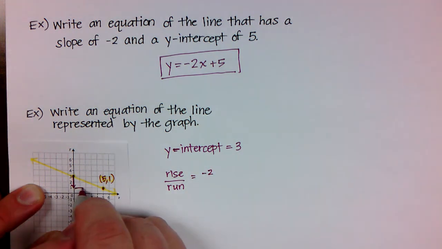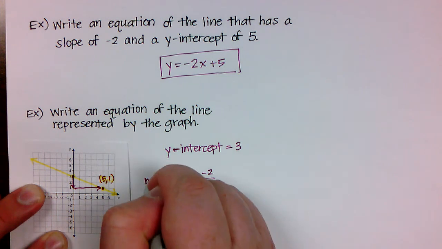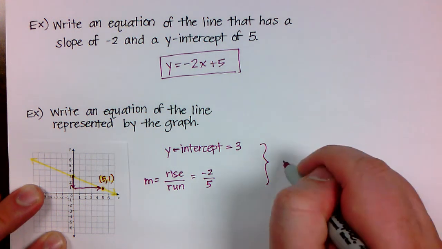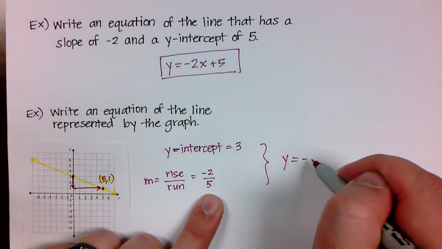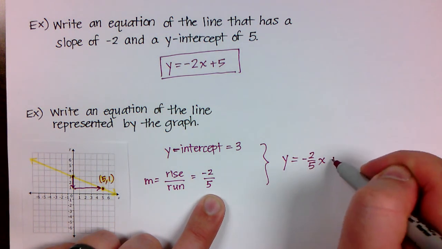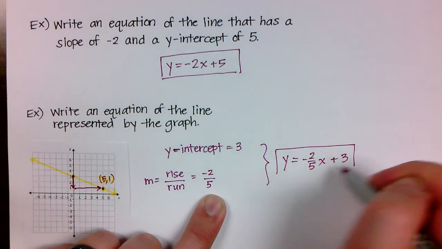And then I'm going to run to the right +5. So this means that my slope is -2/5. So when I combine those, y equals the slope, which is -2/5, add on my x, plus the y-intercept, which is 3. And I'm done.